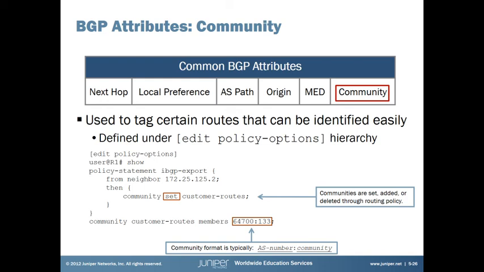We might say all routes of a particular location or a particular type, we're going to give them a community value. We will then set that community value onto our routes as we export them out. And the purpose of doing that is so that we can then use that community value to influence our route selection process.